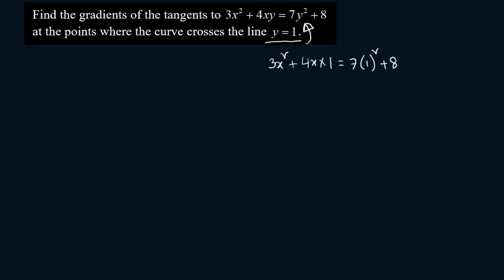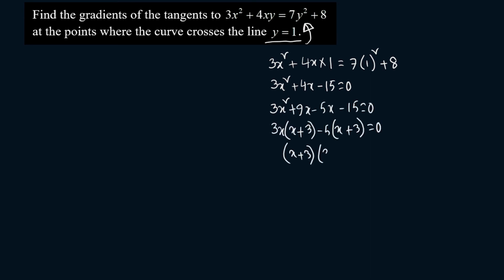We can write it. Our coordinates: let me write the coordinate first, minus 3, 1, and another one when x equals to 5 by 3, y the same value 1.